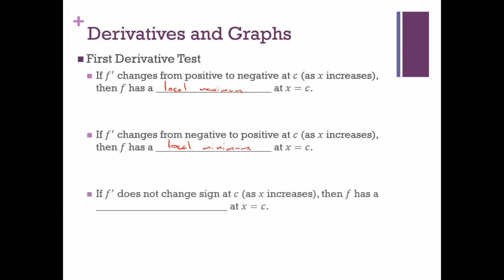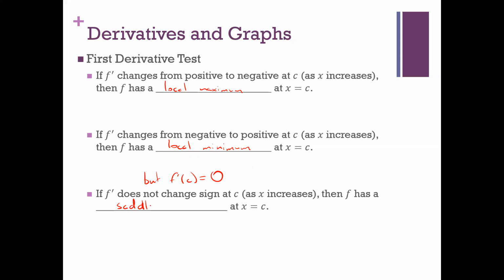If f prime does not change sign at c as x increases, then f has a what? I should say that I meant to put this in there too, but f prime of c equals 0. I don't know if I told you what a possible name for these points is. What I'm looking for is saddle point.